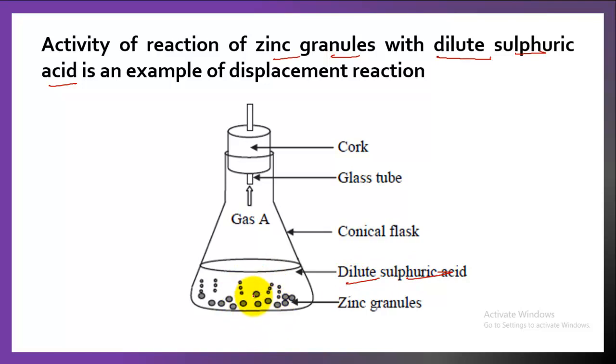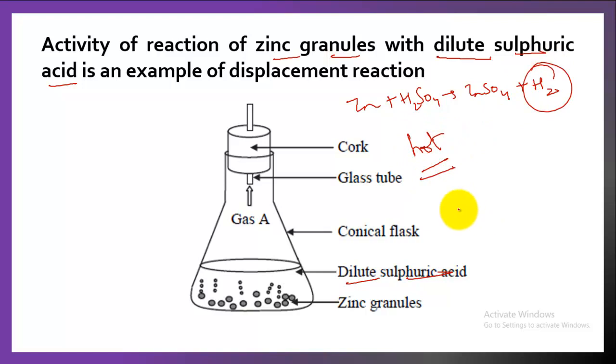When they mix, they react, and as a result, the zinc reacts with sulfuric acid to produce zinc sulfate and hydrogen gas is released. The identification property for the reaction is that the beaker becomes hot from outside and the gas hydrogen is liberated.